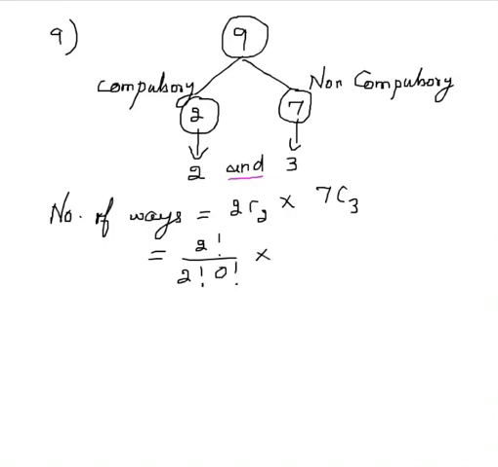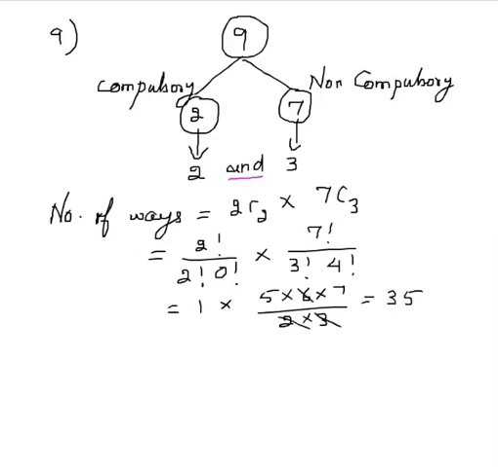This is 7 factorial divided by 3 factorial times 7 minus 3 is 4 factorial. This is 1 multiplied by, cancel 4 factorial, 5, 6, 7 divided by 3 factorial is 2 times 3. The answer is 35. So 35 combinations are there of selecting 5 courses, out of which 2 are compulsory.